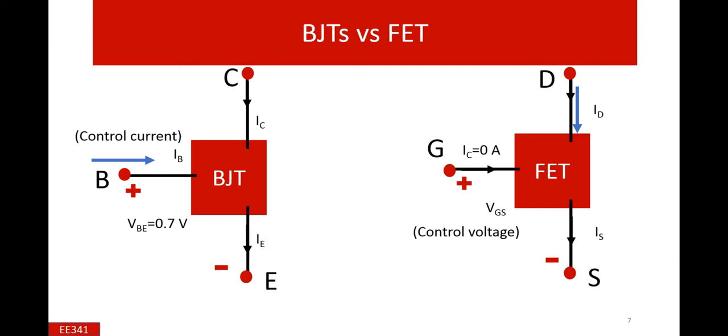In this BJT, this is the base terminal, this is the collector terminal, and this is the emitter terminal. Both currents sum up here, and the voltage across the base and emitter is 0.7, just like the diode. And the emitter current is equal to the base current plus the collector current.